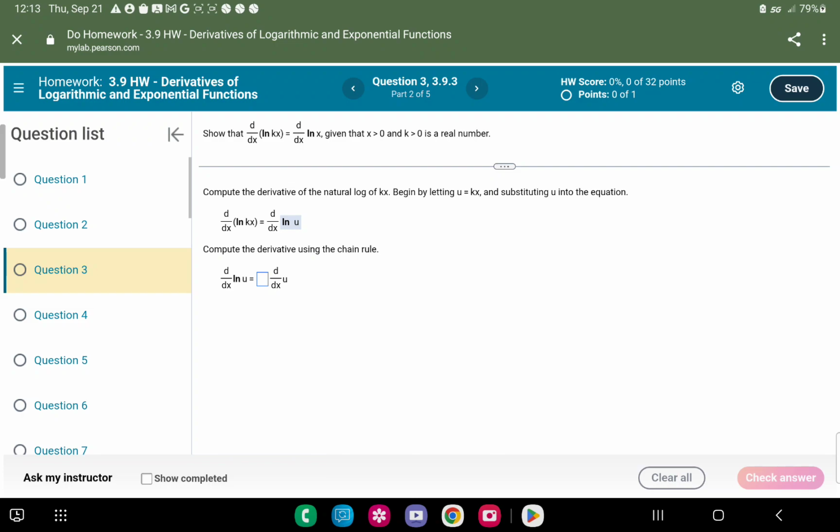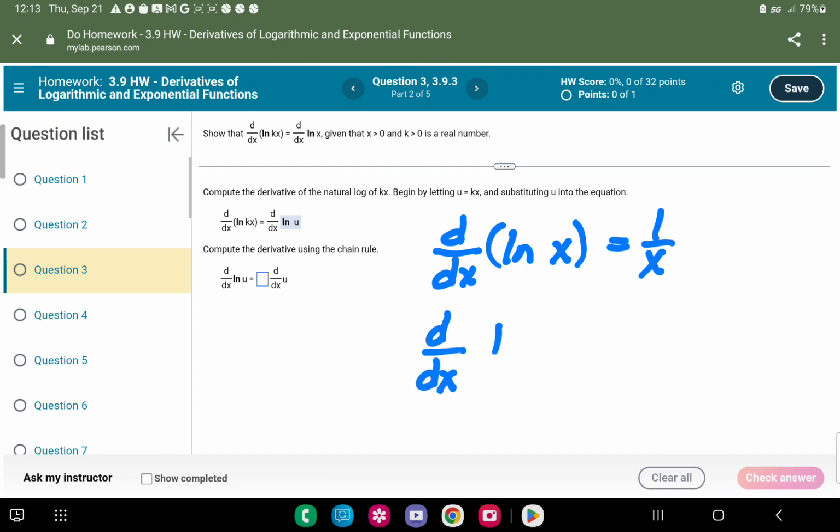In this step, we actually start computing the derivative. We know, and I've already written this down, the derivative with respect to x of the natural log of x is equal to 1 over x. But we're taking the derivative with respect to x of the natural log of u.